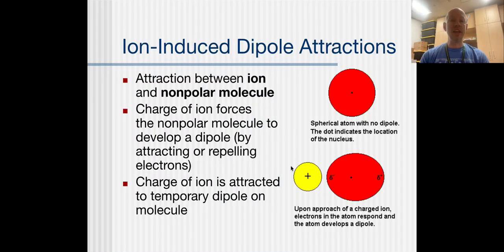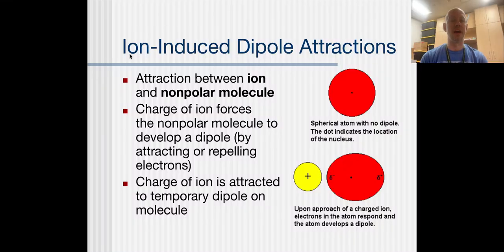When we have an ion that has a charge, even when we put it with something non-polar, it can make those electrons wobble in a specific way. It can pull electrons towards it if it's a cation, or push electrons away from it if it's an anion. But really what we're recognizing is that if I have something ionic with something non-polar, we have a specific phrase for the fact that there's a little bit of attraction between them.